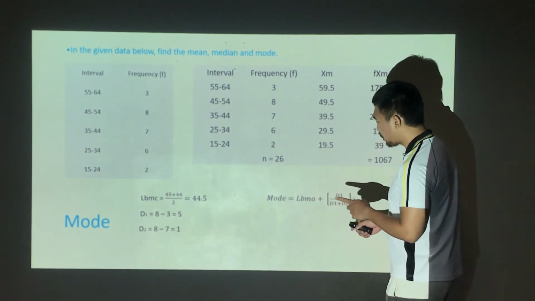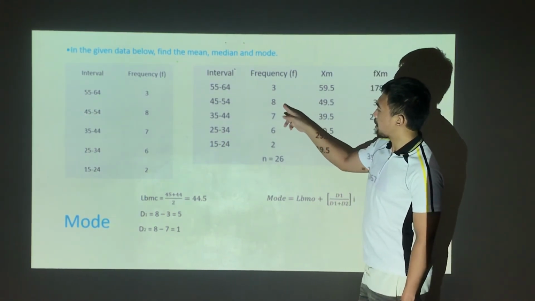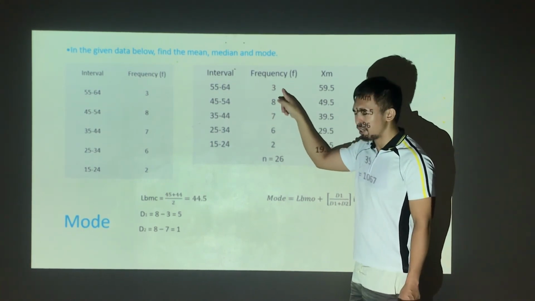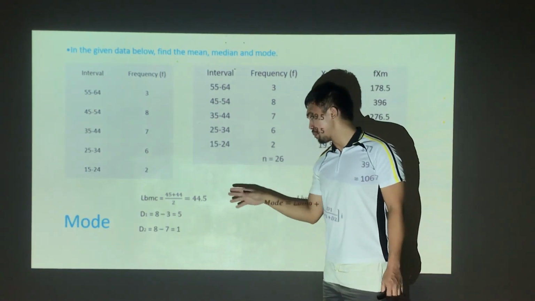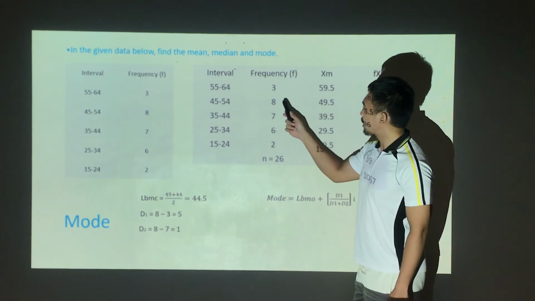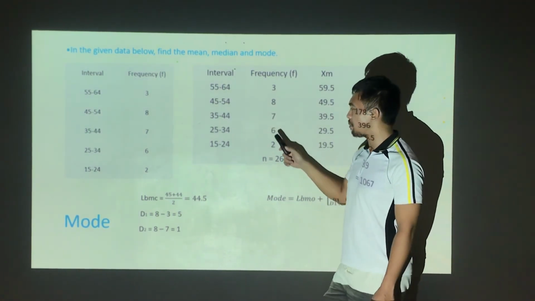And D2, how do we get D2? If for D1 we subtract from the greatest digit in our frequency the upper digit, for D2 we do the opposite: we subtract the lower digit in our frequency from the greatest digit, which is 8.